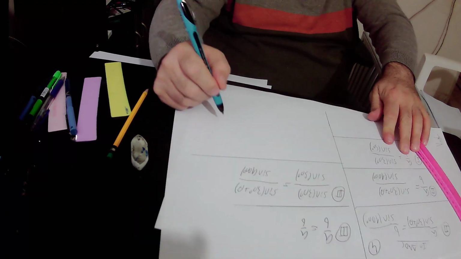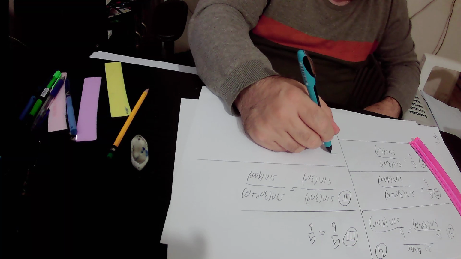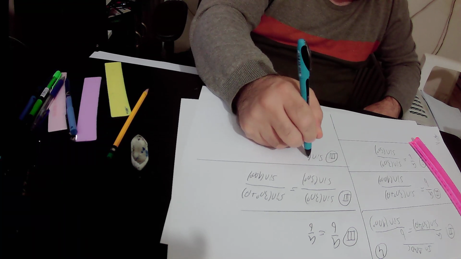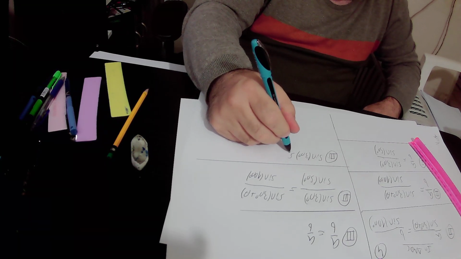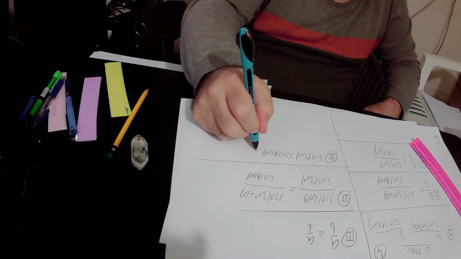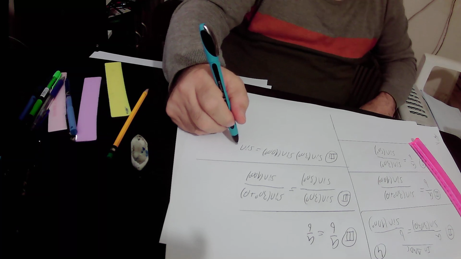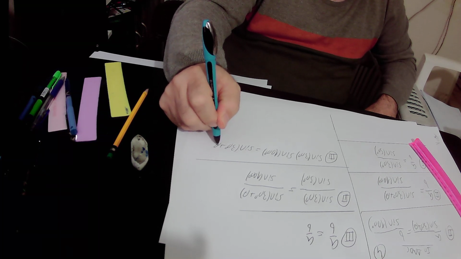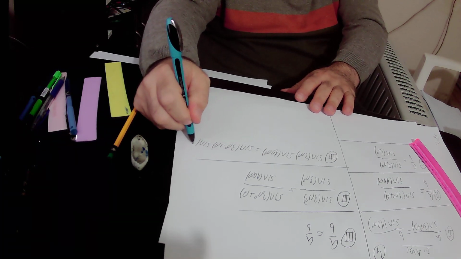Here we will cross multiply equation number 3, and we will get that sine 30 degrees times sine 100 degrees equals sine 30 degrees plus theta times sine 50 degrees.